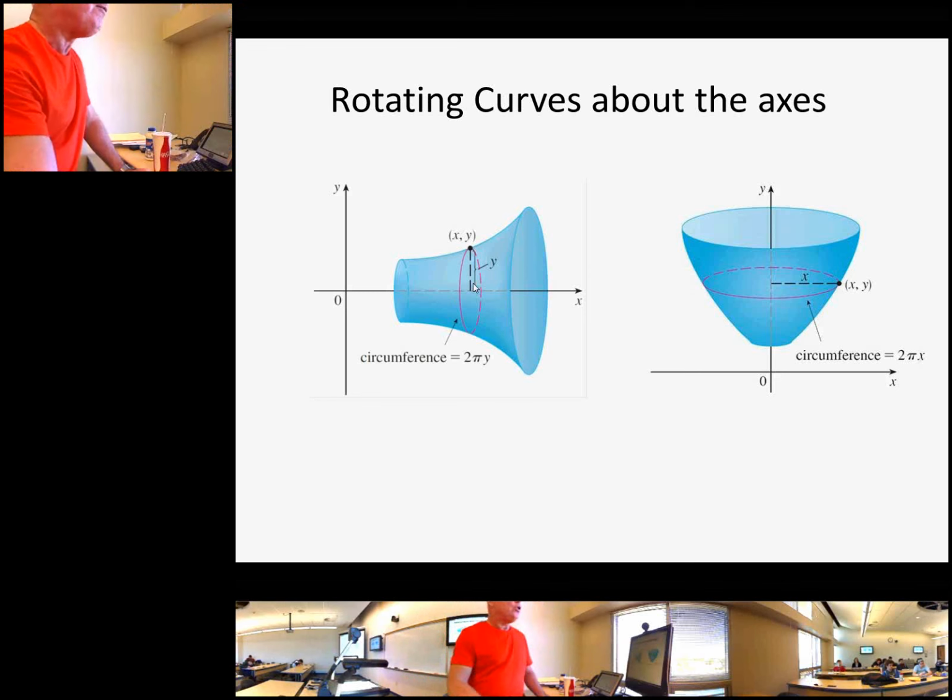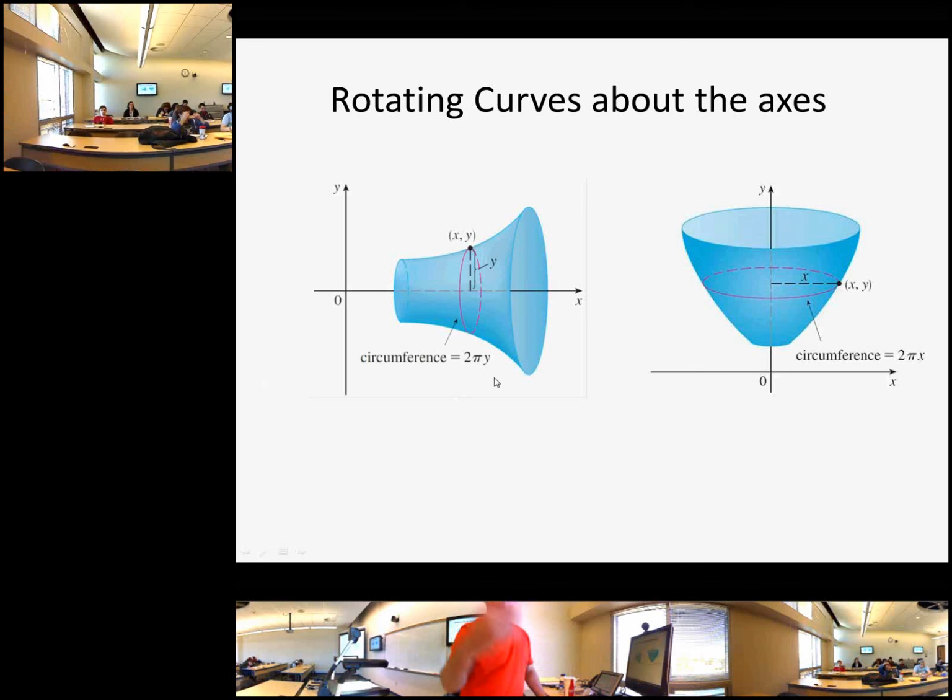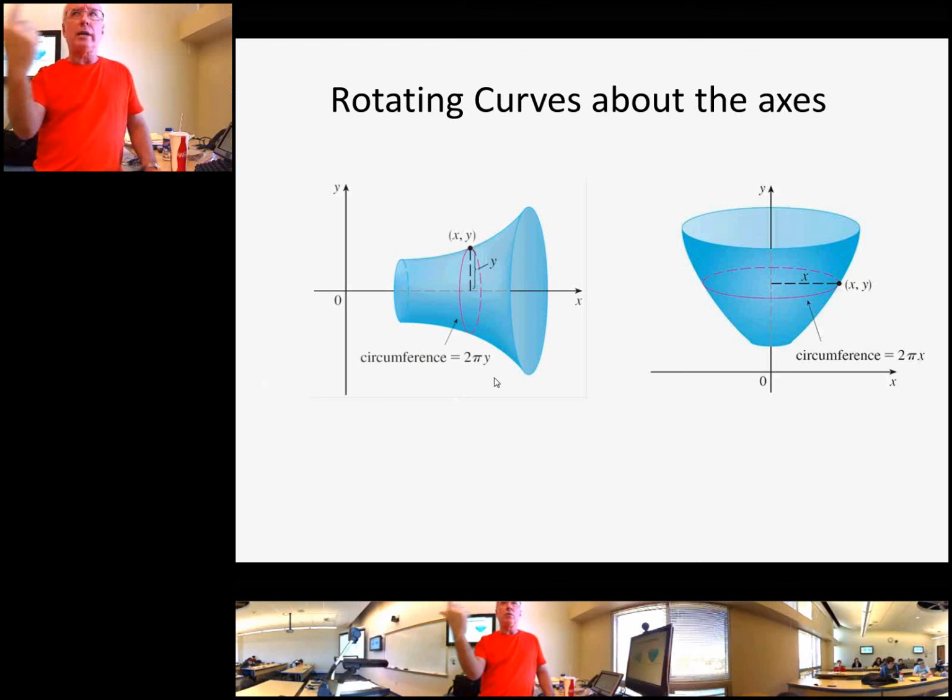So the circumference here is 2 pi y if we're rotating around the x-axis. Otherwise, it's 2 pi x if we're rotating it around the y-axis. Is this making any sense?